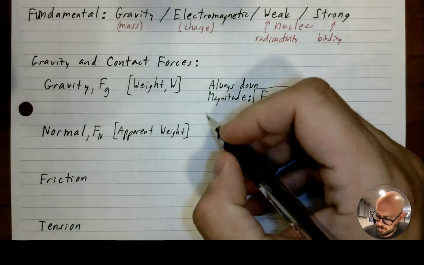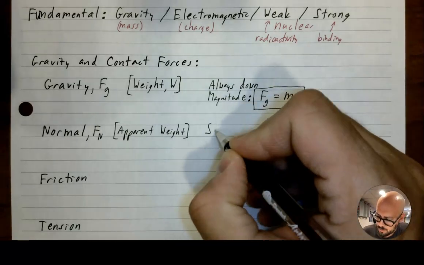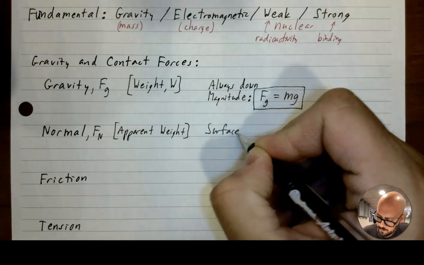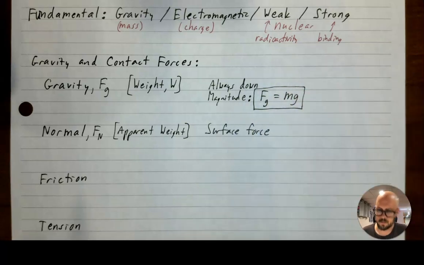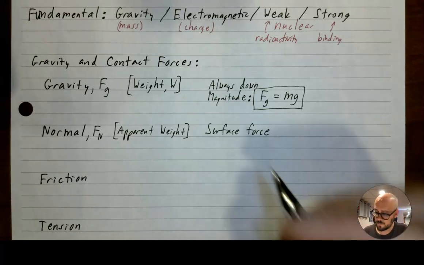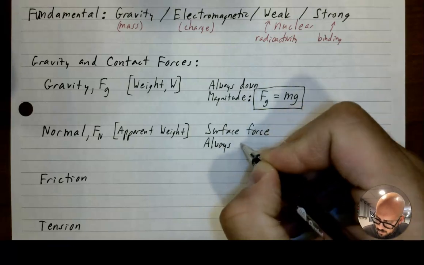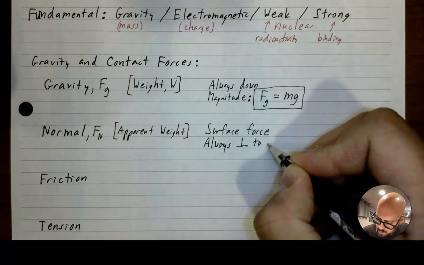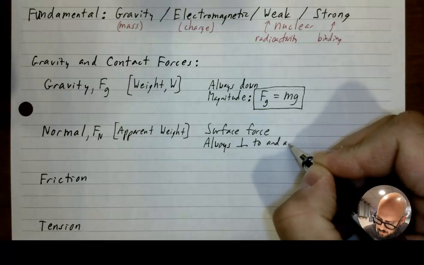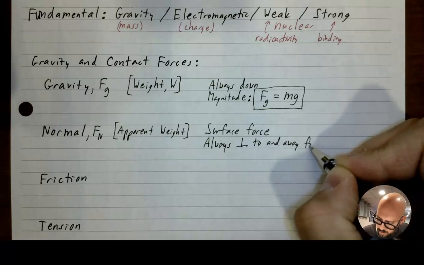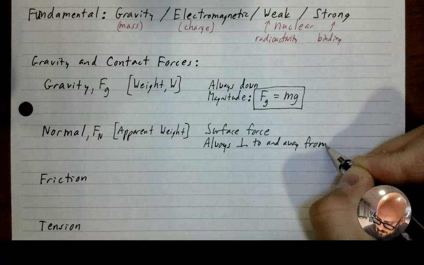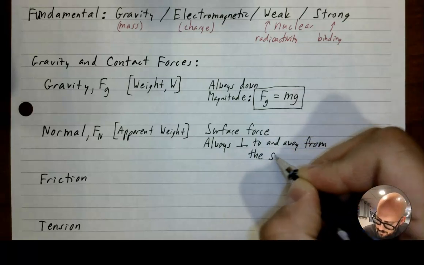The normal force is one of two forces that is a surface force, meaning it is caused by an interaction between a surface and an object. The rule for the normal force is it's always perpendicular to and away from the surface.